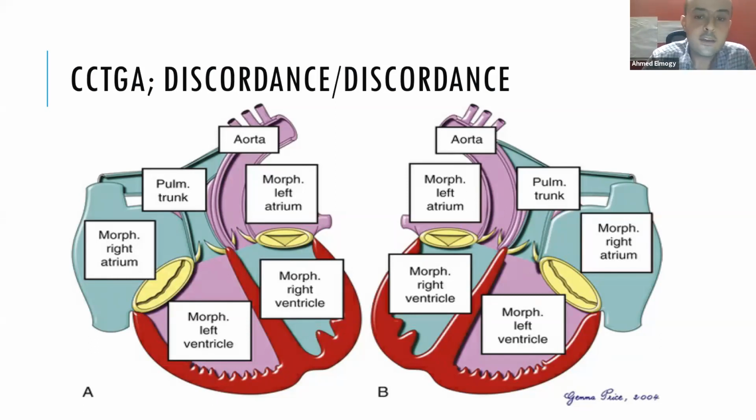The picture on the right side shows what we call a mirror image orientation of the atria, in which the morphologically left atrium is on the right side and the morphologic right atrium on the left side, and the reverse occurs. Actually, the more common variant of congenitally corrected TGA is on the left side, and rarely do we see the mirror image orientation of the atria.